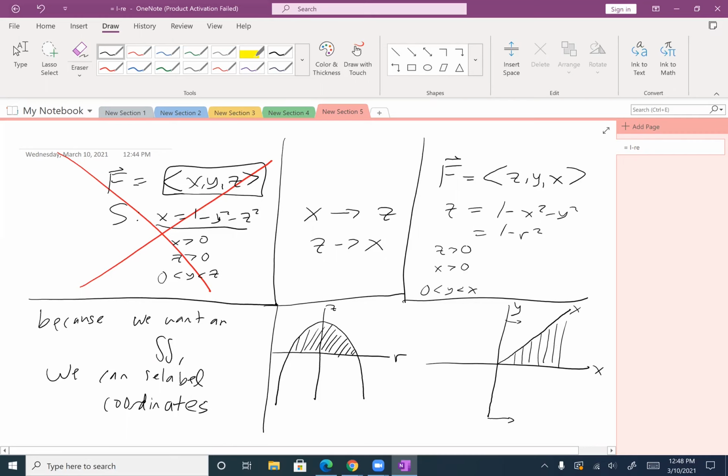I suppose we also know that if we look at this intersection point here, really this corresponds to r equals 1. So I guess we also have to restrict to this part here.